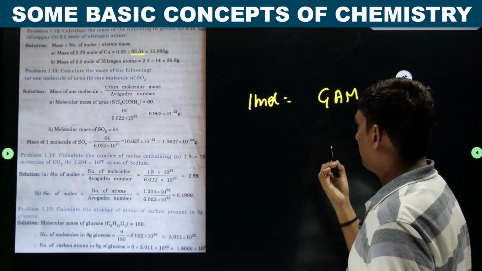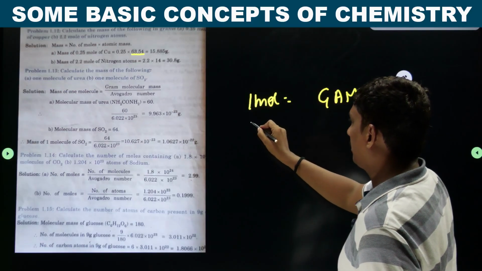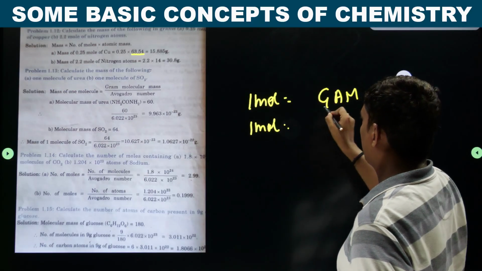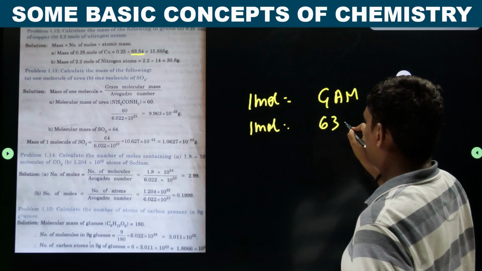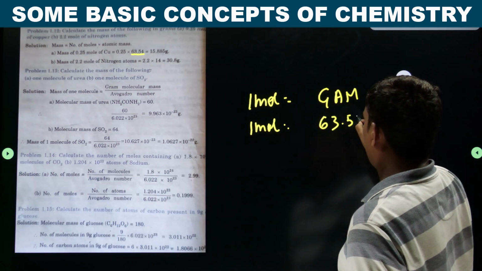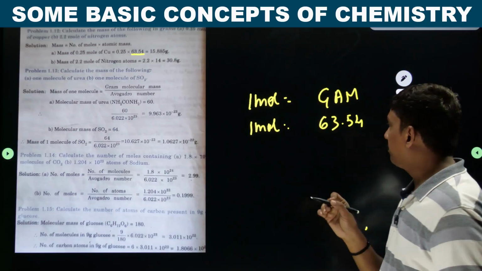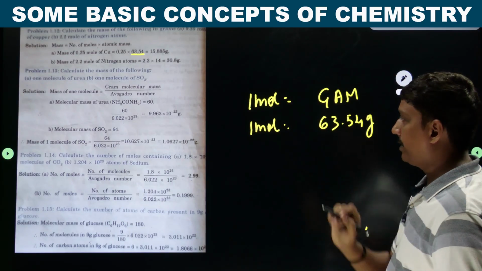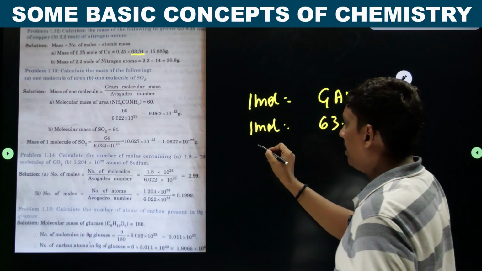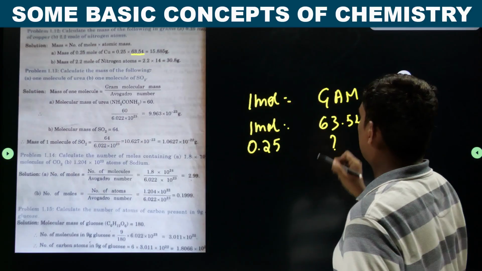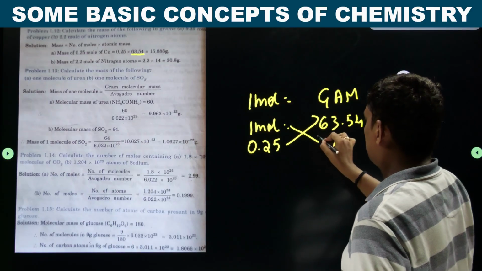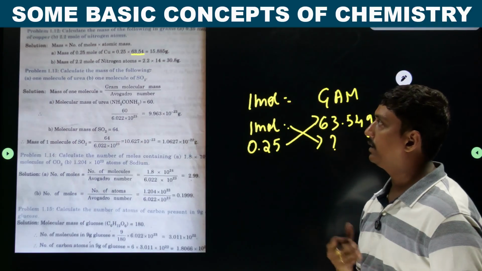So gram atomic mass is known. For 1 mole of copper, the gram atomic mass of copper is 63.54. If you take 63.54 grams of copper, which is equal to 1 mole, then for the given 0.25 moles, how many grams should be taken?